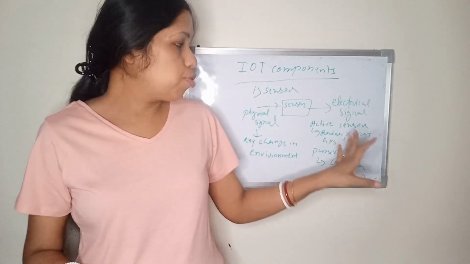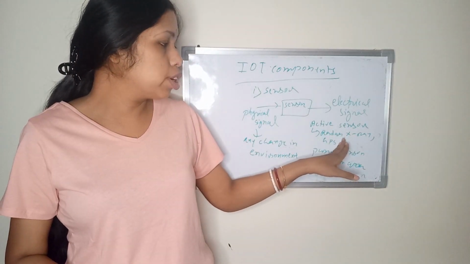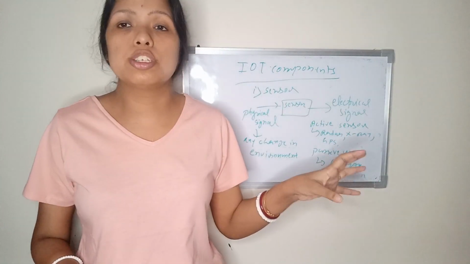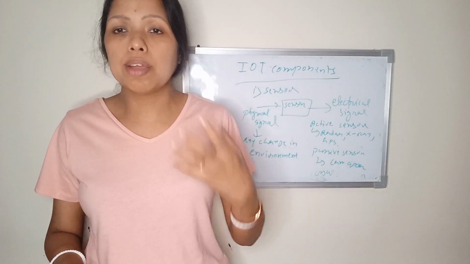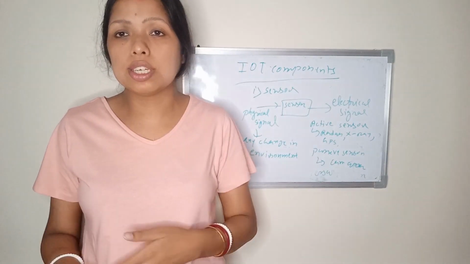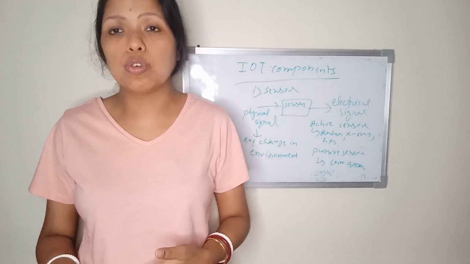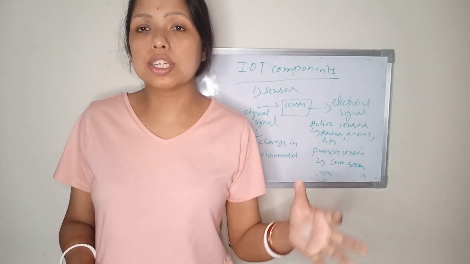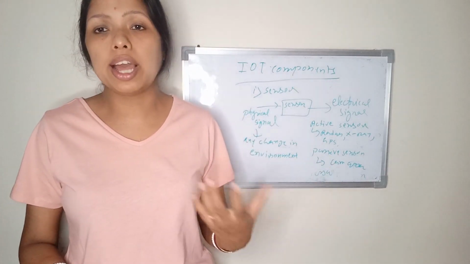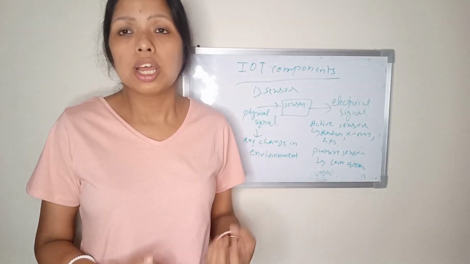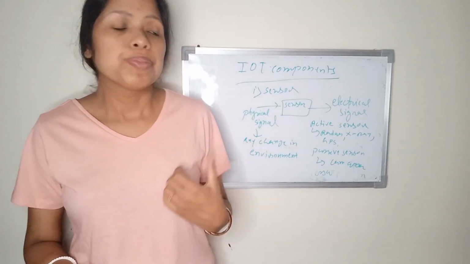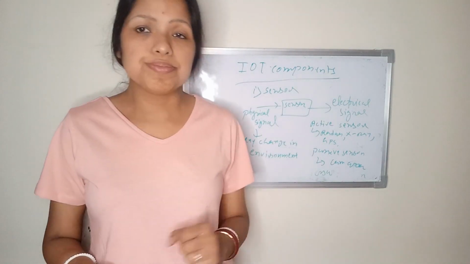For radar and GPS, it is not required to give energy from another source, but for a camera, it is required to take energy from another source for taking the data.